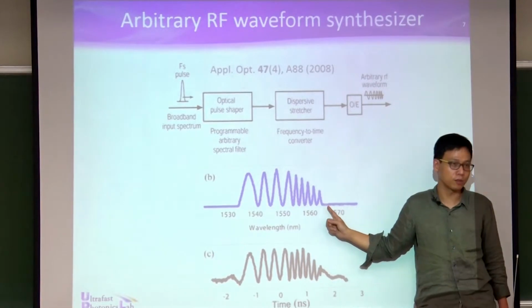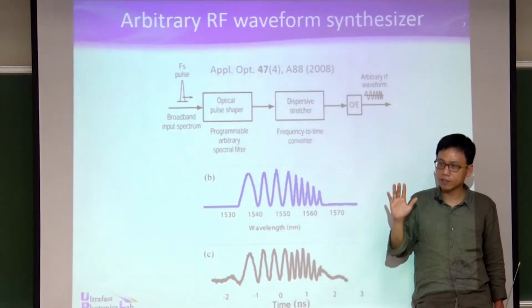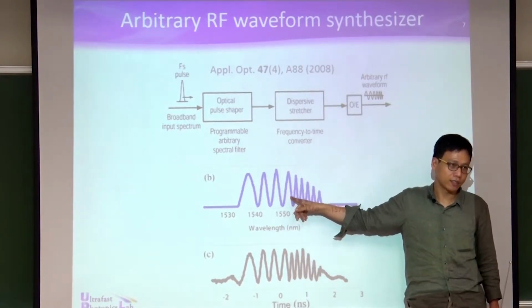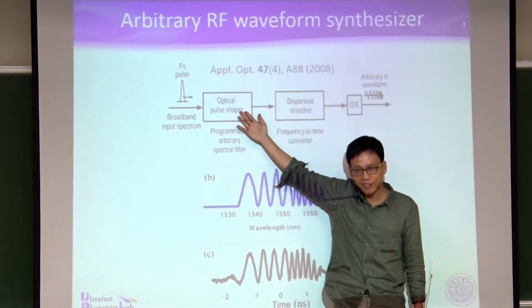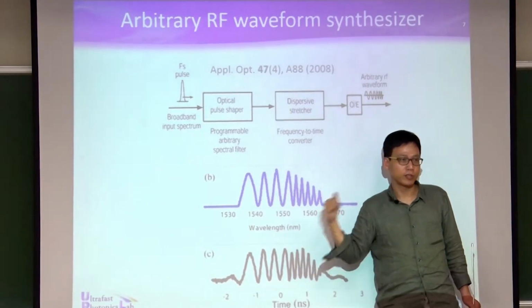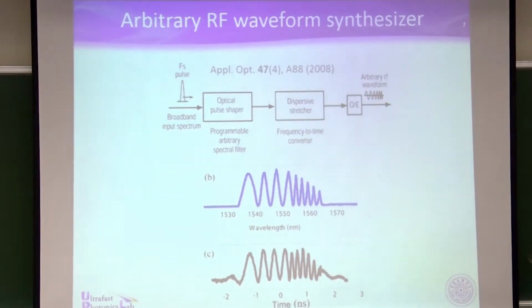This is a frequency domain signal. Okay? So if you want any time domain waveform, you just create the same thing in the frequency domain by a shaper. Then with this simple scheme, you got arbitrary electric waveform in the order of tens of gigahertz.